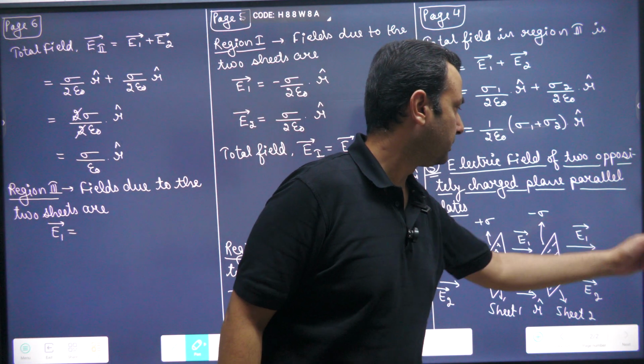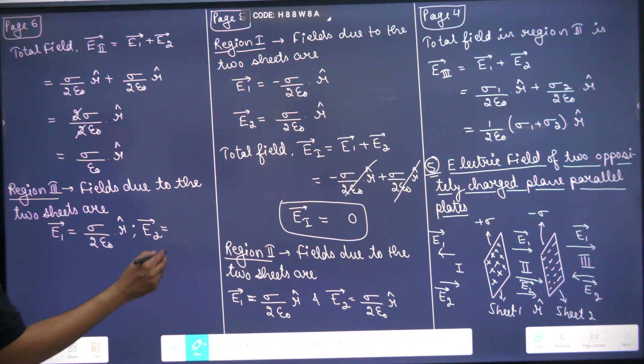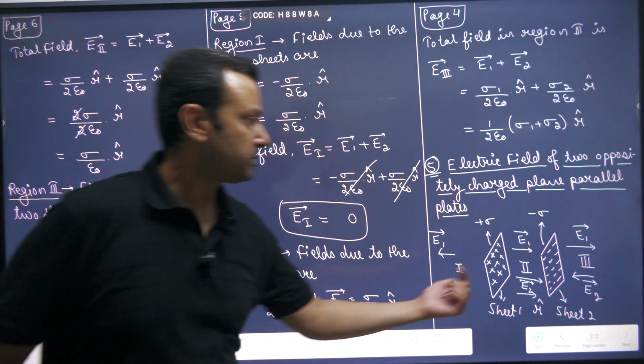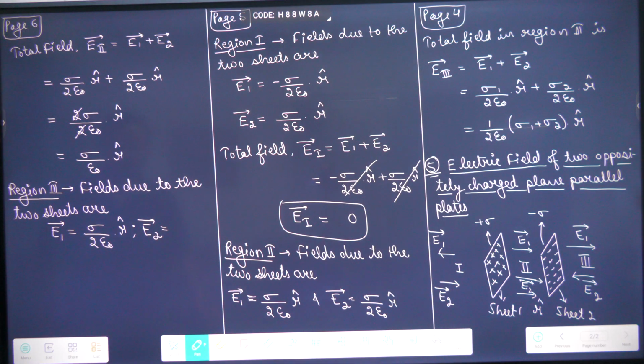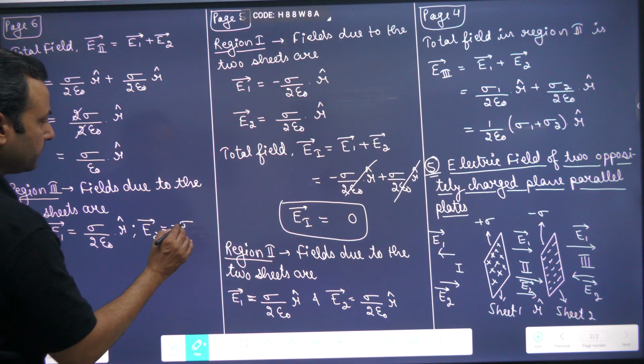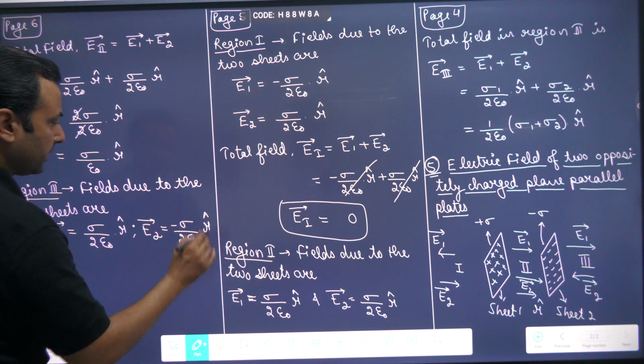So the field is towards the right. So E1 vector is equal to sigma upon 2 epsilon naught r cap, and E2 vector is towards the left. So leftward means negative. So minus sigma upon 2 epsilon naught r cap.